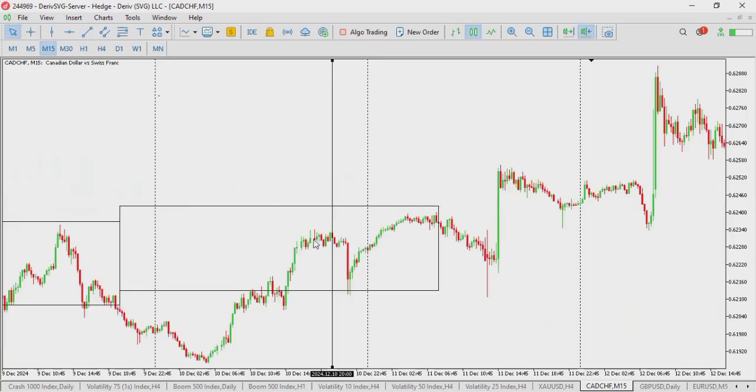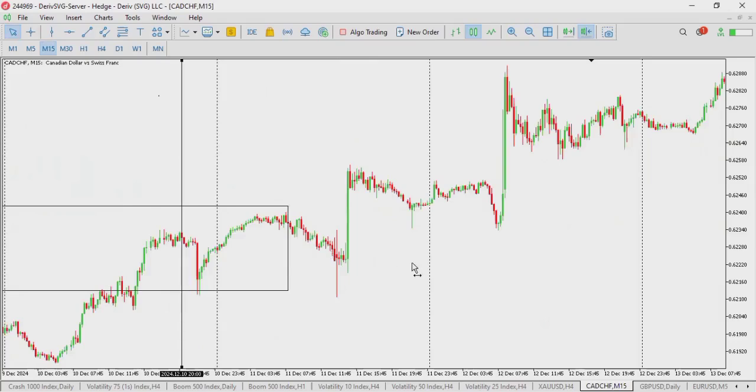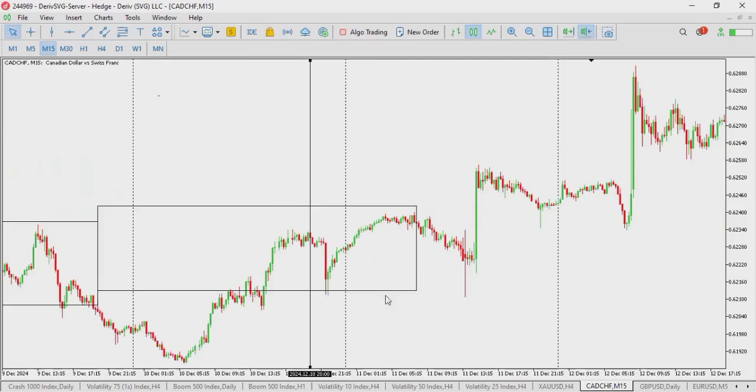As soon as that order block was broken, price dropped down again and tried to react to that particular zone. So it gave us different opportunities to understand that it's time to take a buy.